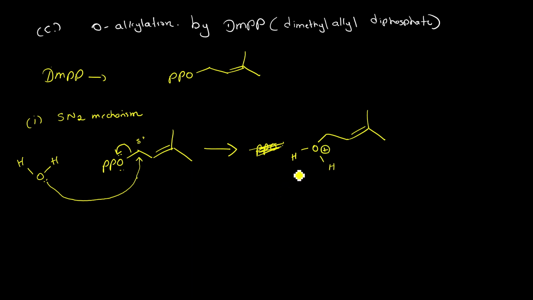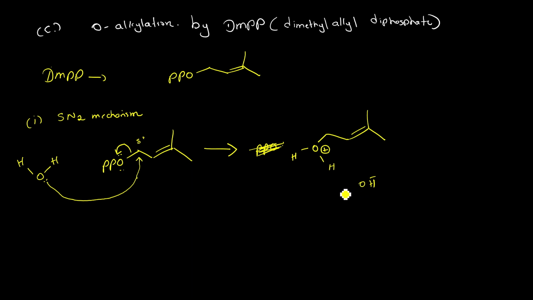Now, normally in our biological systems there are enzymes. You need to know this particular point very well. When you are writing a mechanism in biological systems, in order to remove this hydrogen you need a base, right? But you cannot add OH minus or sodium hydroxide, because these are biological systems.